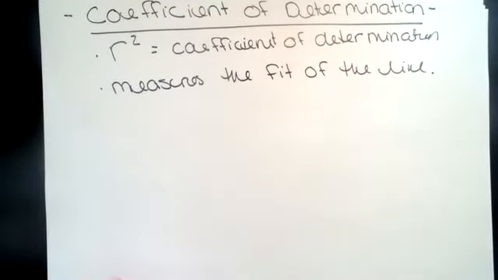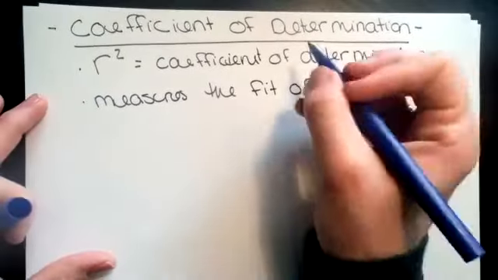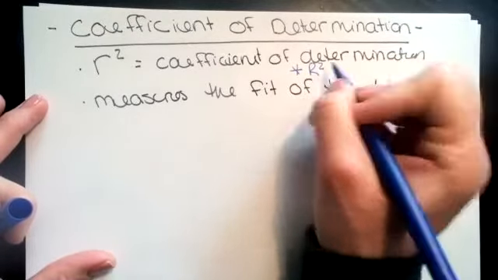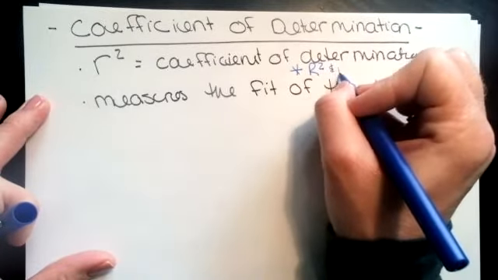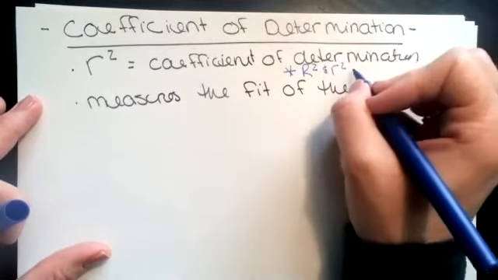So I do want to make a note that sometimes we might see the notation of capital R squared, and capital R squared and lowercase r squared are both the same value.